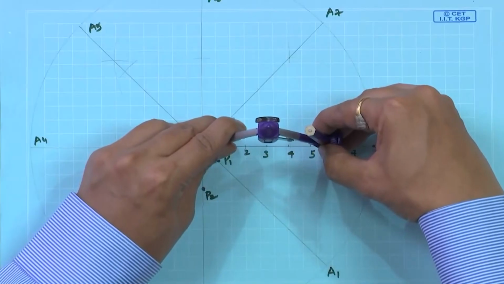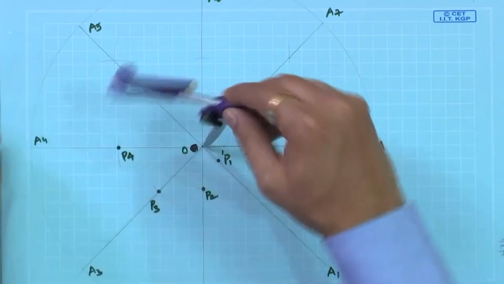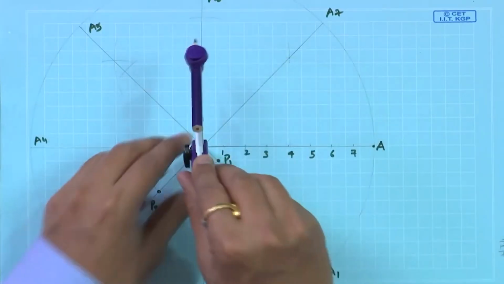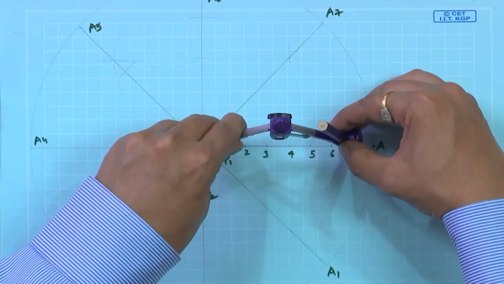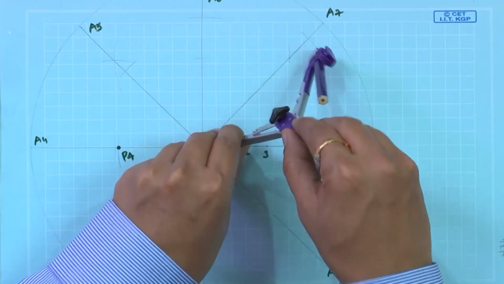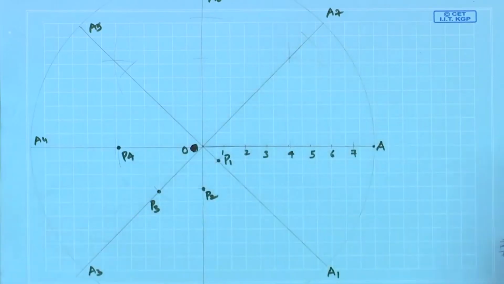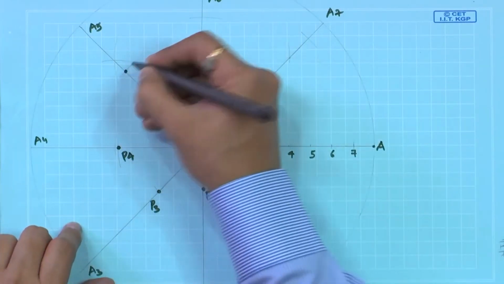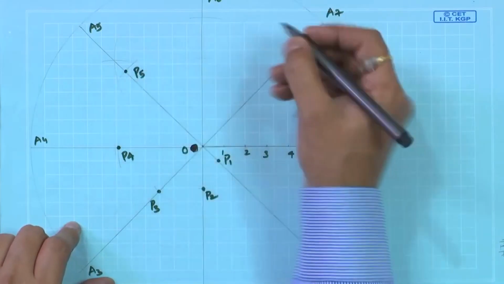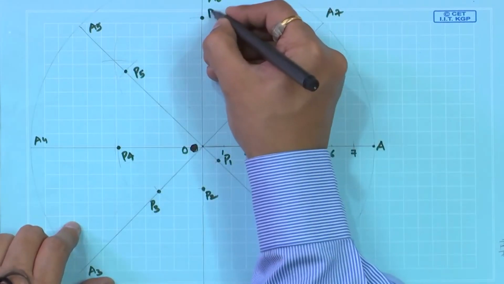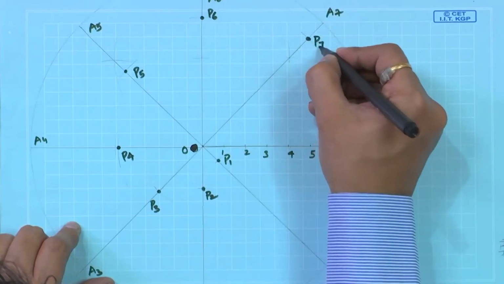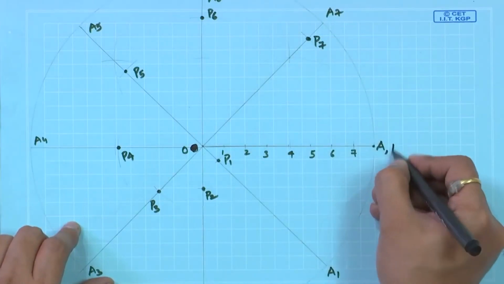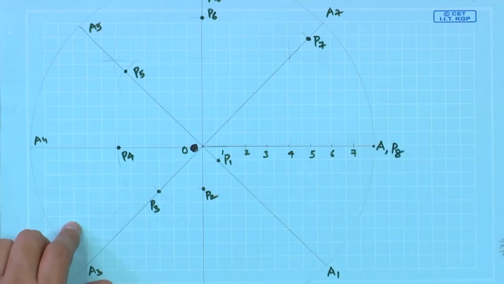P6 on A6 goes there, P7 on A7 goes there. Once it is done, mark these points P5, P6, P7, and P8 is always at A.